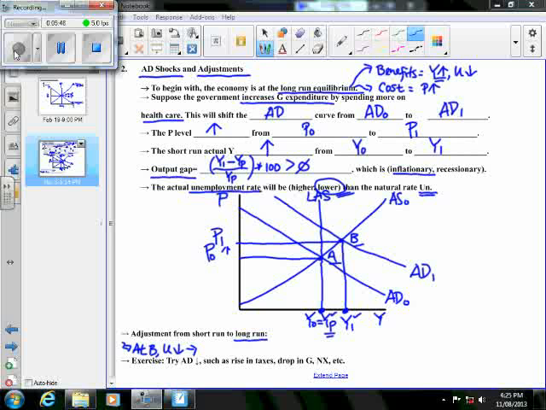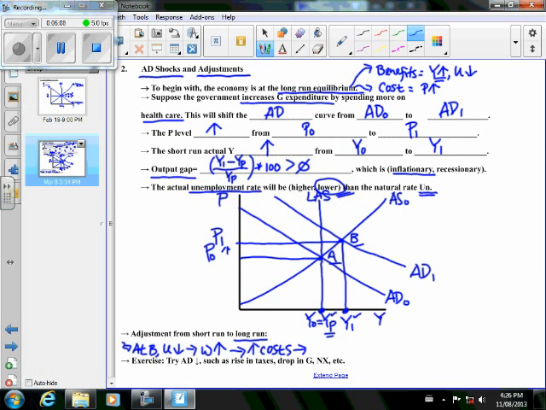Because of this economic boom, most people have jobs, and firms sooner or later will find it really hard to find workers. How can they get workers to work? Wages will start to rise. And when wages start to rise, this will increase the production cost for firms. With the increase in production costs, what would happen to the aggregate supply curve?